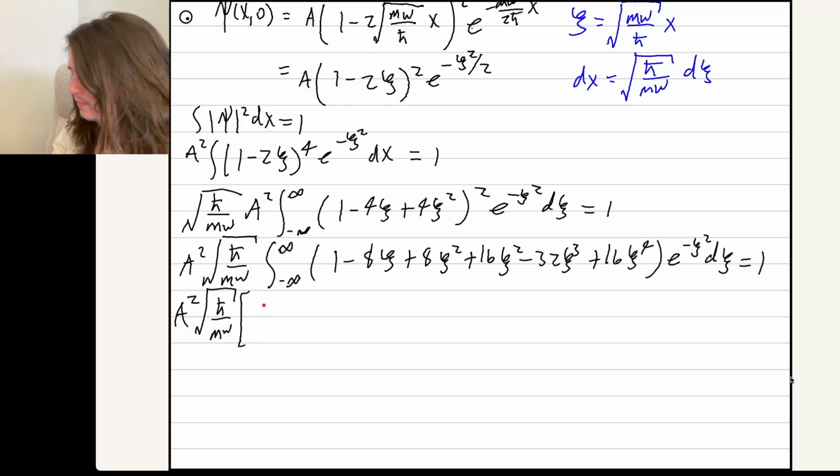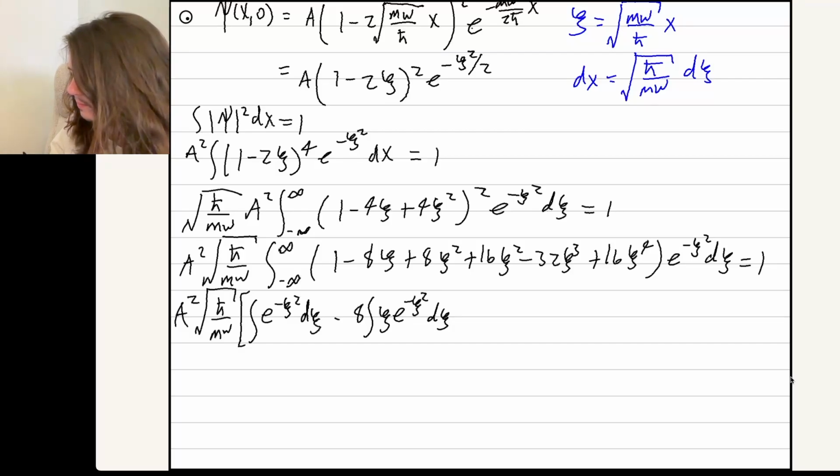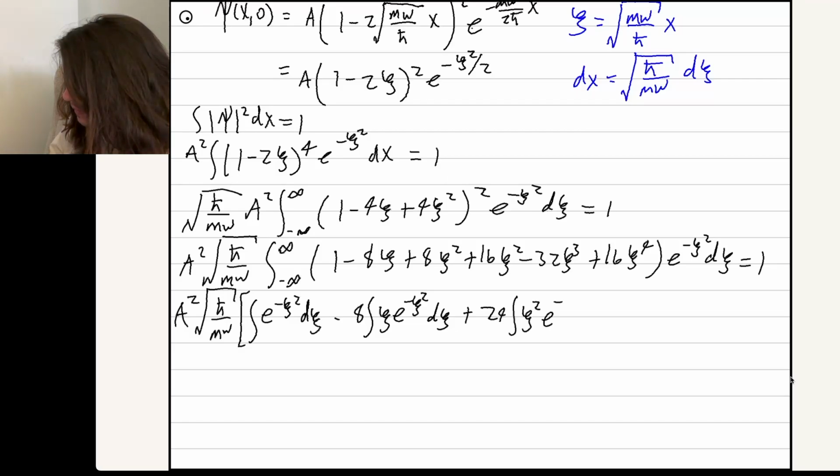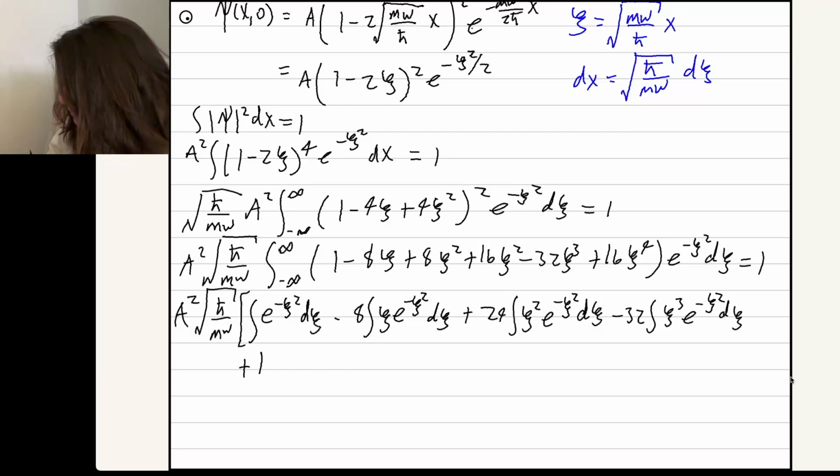So we got the integral of just e to the minus ξ squared dξ, minus 8 times the integral of ξ e to the minus ξ squared dξ, plus 24, integral ξ squared e to the minus ξ squared dξ, and then that's minus 32, integral ξ cubed e to the minus ξ squared dξ, plus 16, integral ξ fourth e to the minus ξ squared dξ, and this is evaluated from minus infinity to infinity.